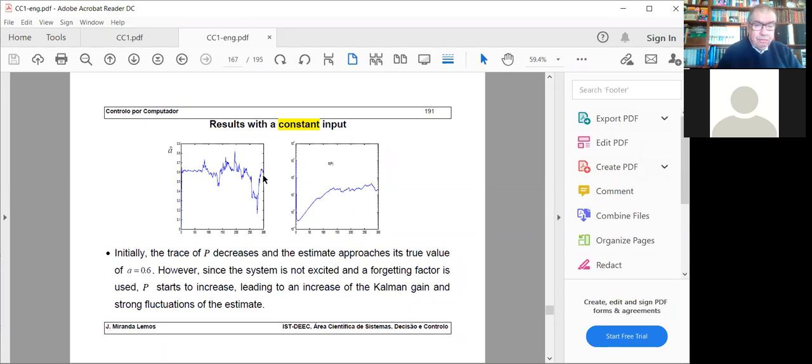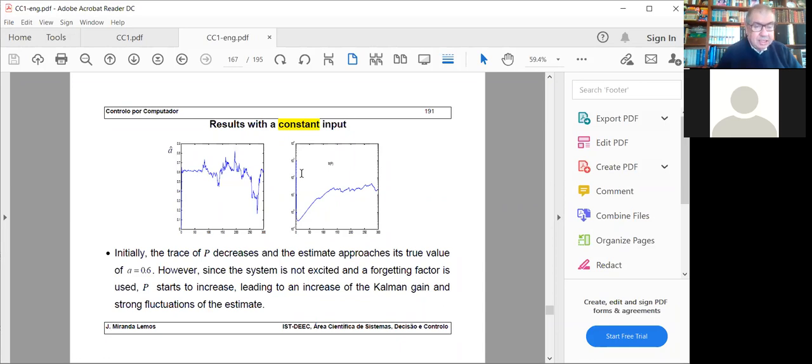Okay, o vendaval da covariância, that causes the covariance to go to higher values, and the gain increases, and then you become very sensitive to noise. Okay, remember, this happened because you were no longer exciting the system in a way that allows you to estimate the true value of the parameter.